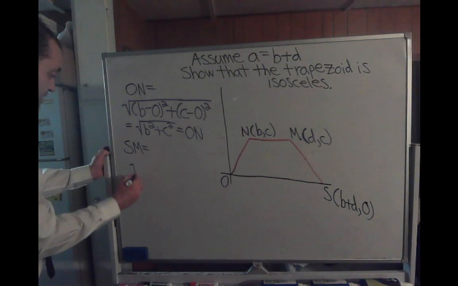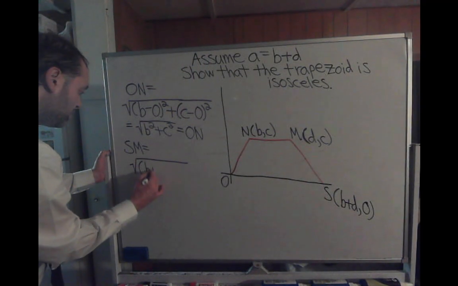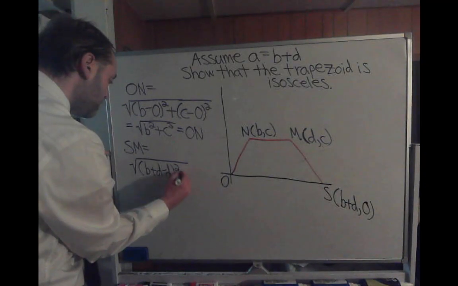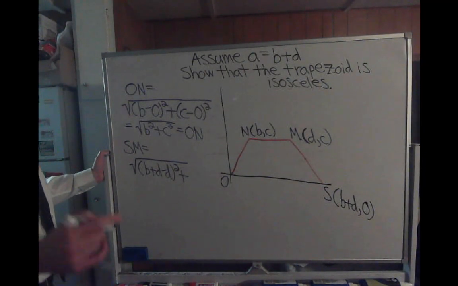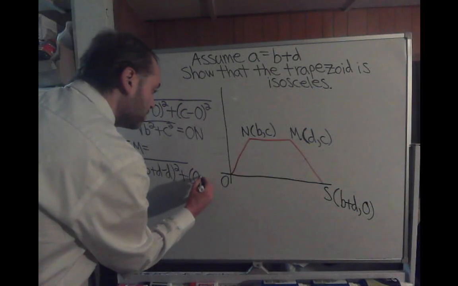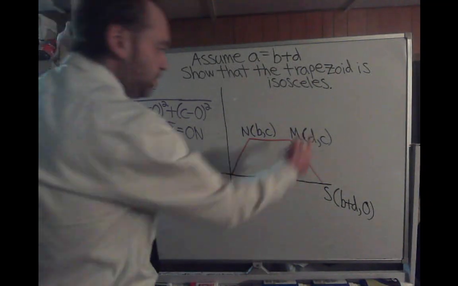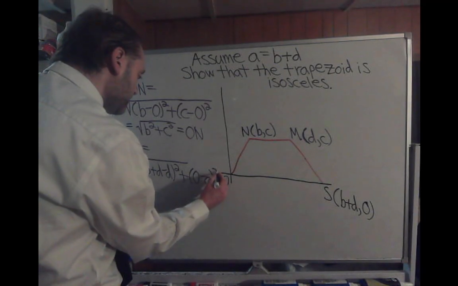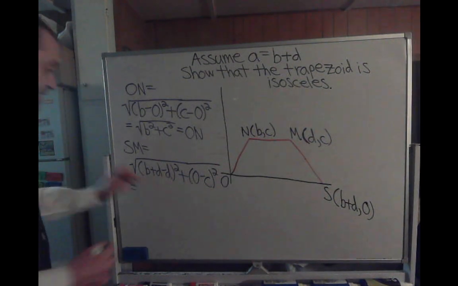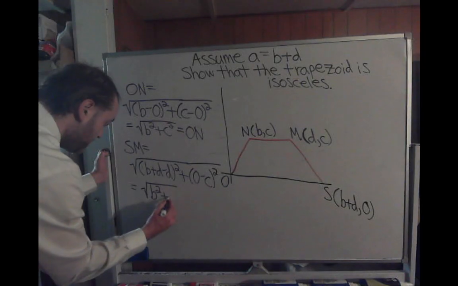Well, that's of course, take your distance formula, take your x2 of B plus D minus your x1 of D raised to the second power, plus then take your y2 of 0 minus your y1 to the second power, which would be C squared. Well, D minus D is 0, you just end up getting the square root of B squared plus C squared.